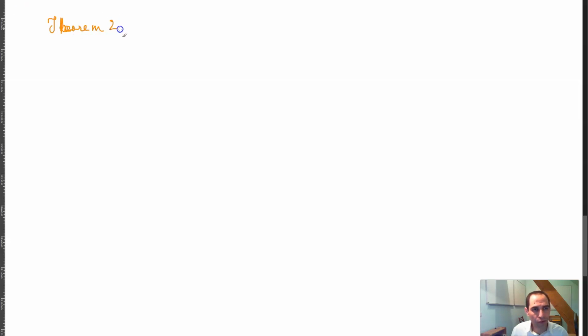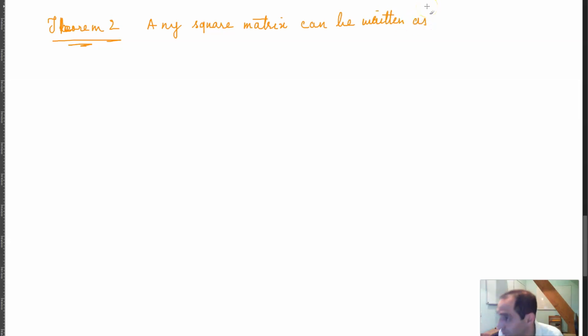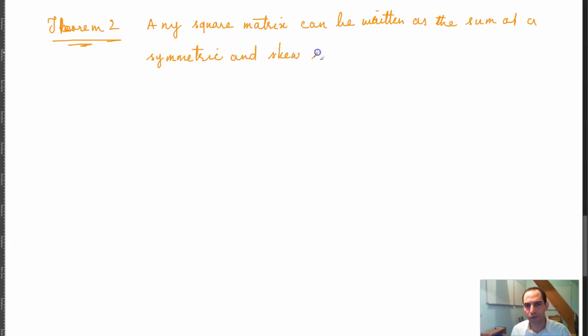any square matrix can be written as the sum of a symmetric and a skew symmetric matrix.